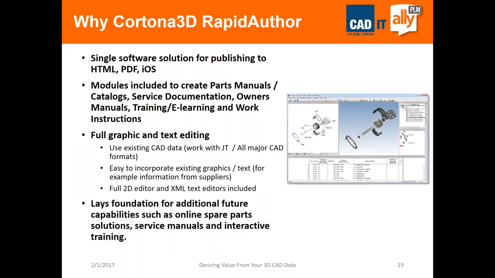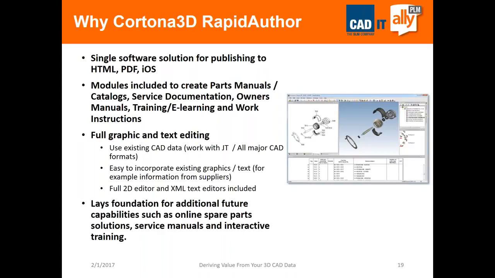So a little bit about the product again. It's a single software solution that provides graphic and text authoring in one environment. It has modules for creating parts manuals and catalogs, service and manufacturing work instructions, and owner's manuals. There's an e-learning module built into the software.